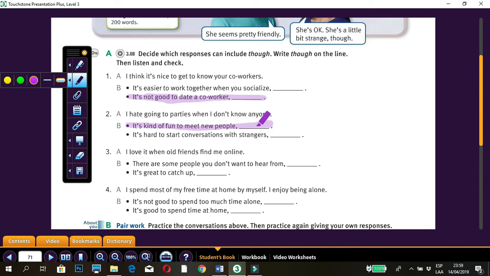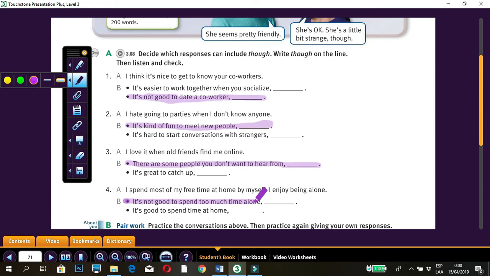I love it when old friends find me online. What is the opposite idea? There are some people you don't want to hear from. Though, it's the opposite idea. I spend most of my free time at home by myself. I enjoy being alone. And the opposite idea would be, it's not good to spend too much time alone though.